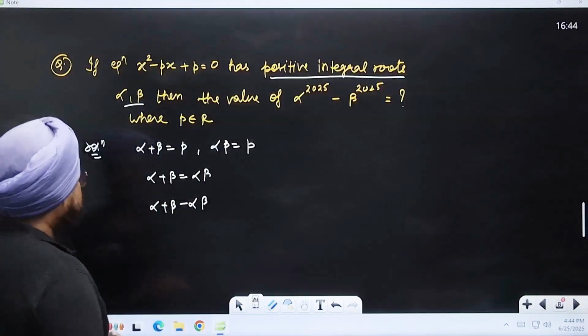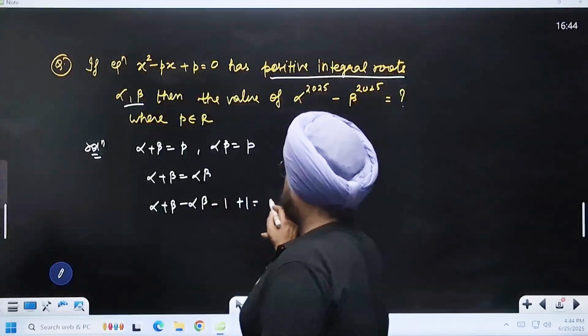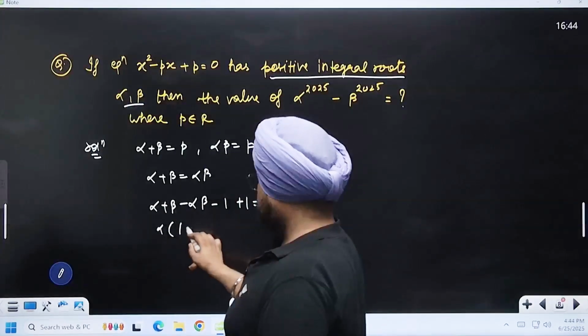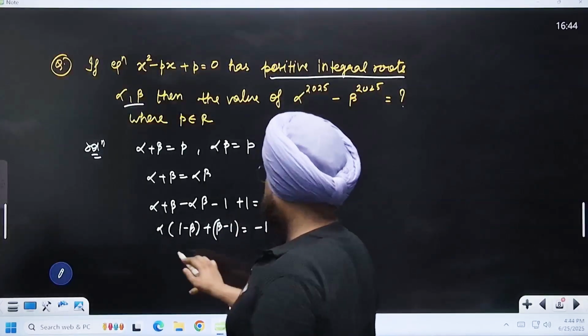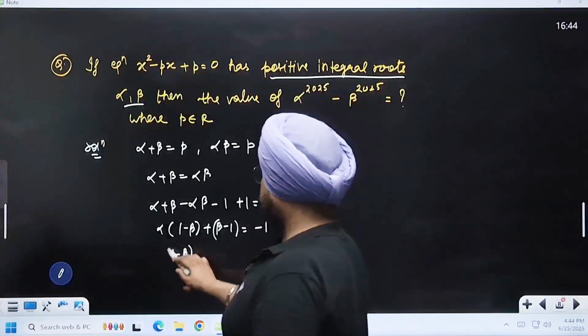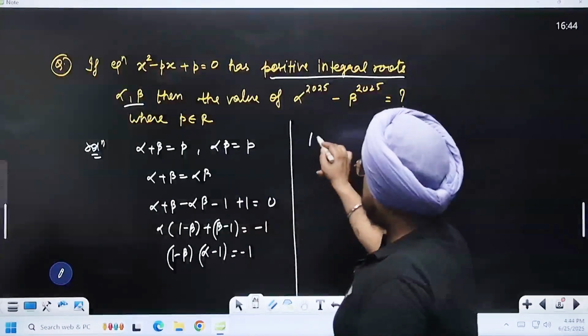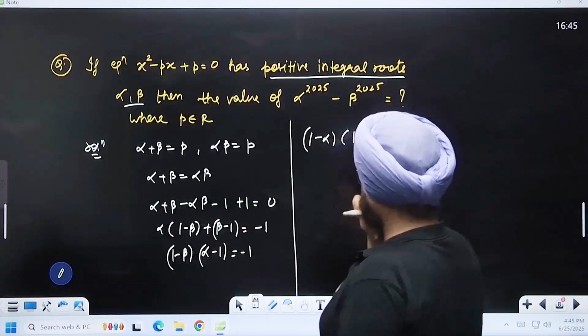We can write this equation as this. Now minus 1 plus 1, we will factorize this. Alpha times (1 minus beta) plus beta minus 1 is equal to minus 1. (1 minus beta)(alpha minus 1) is equal to minus 1. (1 minus alpha)(1 minus beta) is equal to 1.